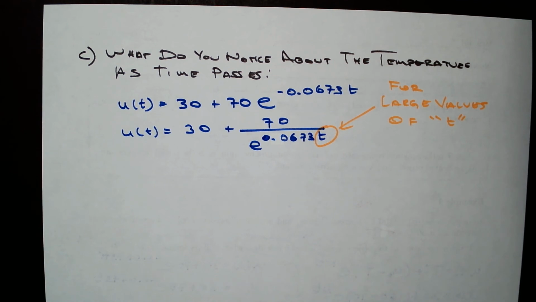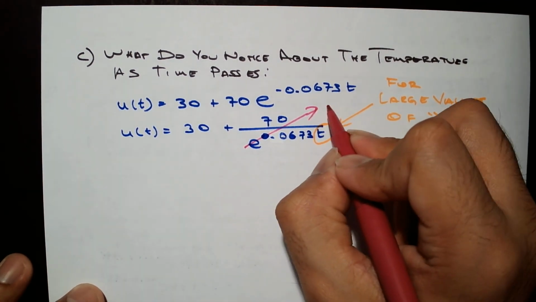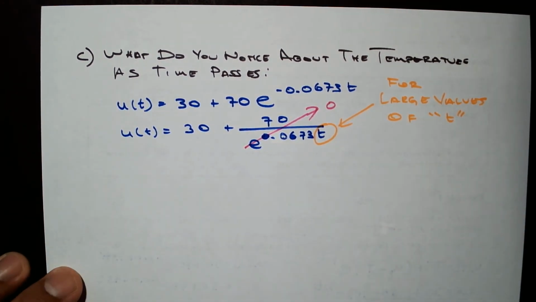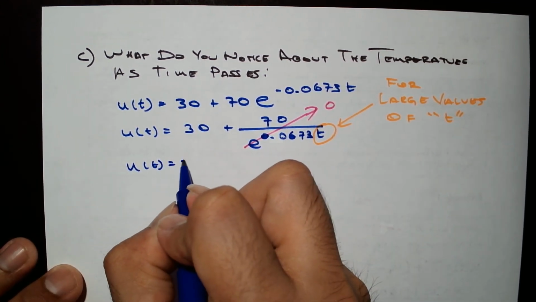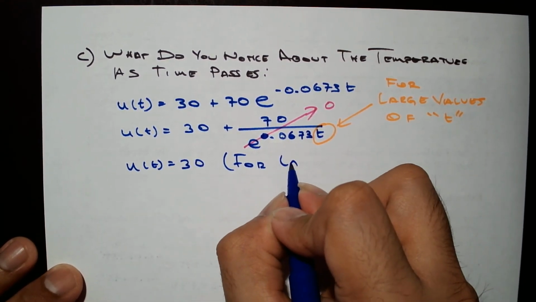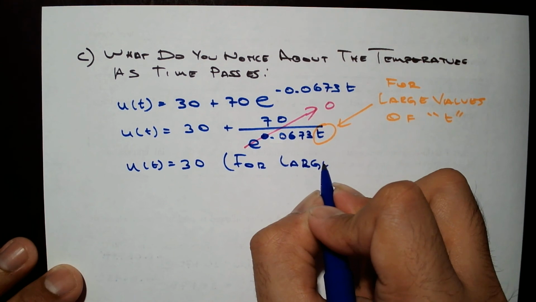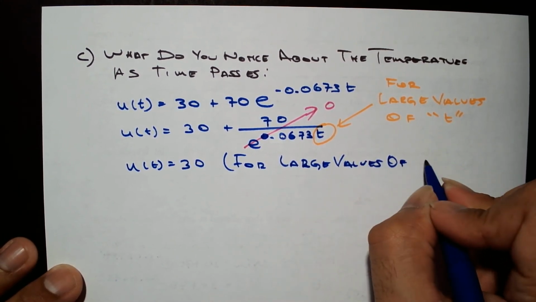So if we divide by a huge number, eventually this term is going to go to 0. So u of t will be 30 for large values of t.